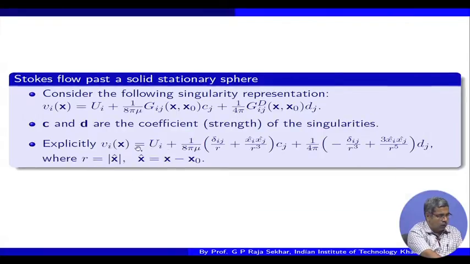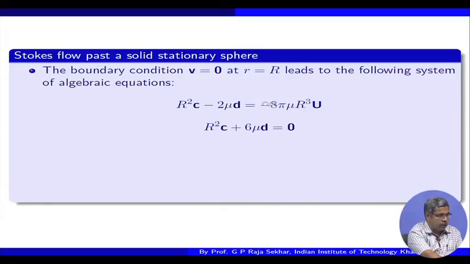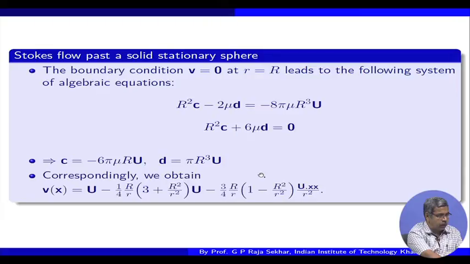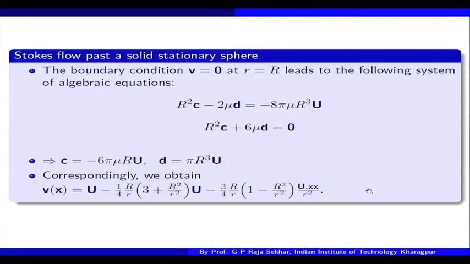So, this would be a nice exercise to understand tensor notation: forcing V_i equal to 0 on r equals capital R, you get these two systems of equations, then one can solve for C and D, which means we have determined the corresponding velocity field. Okay. So, as you can see, this is the corresponding Stokeslet and this is the corresponding potential dipole, right.